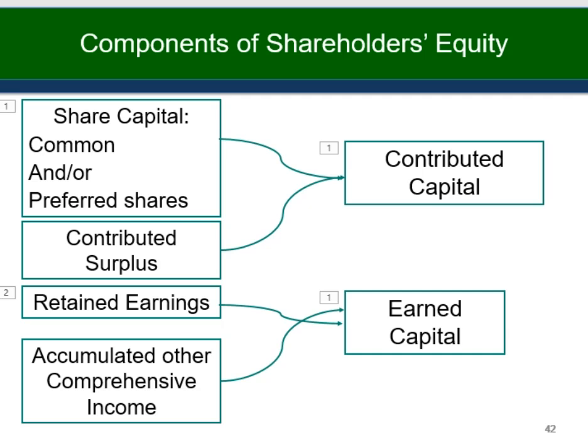Contributed capital is actually the amount of the investment in the firm. Retained earnings and accumulated other comprehensive income would have been earned in the company since it began operations. It's a retained portion of earnings from the past.